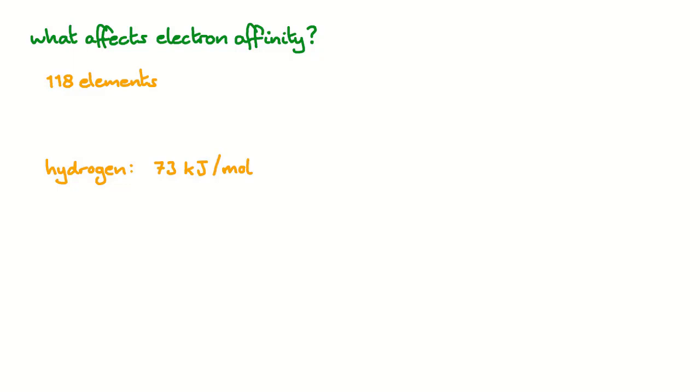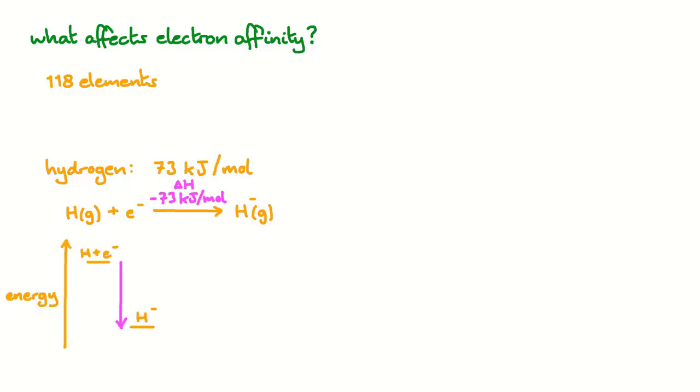This means that if we have 1 mole of hydrogen atoms in the gas phase and we add an electron to each of them, we'll convert 73 kilojoules of chemical potential energy to other forms of energy like heat. So for each mole of hydrogen atoms we turn into H- ions, we'll get 73 kilojoules of energy out to the surroundings. What this means is that an H- ion is more stable than a separated hydrogen atom and electron.